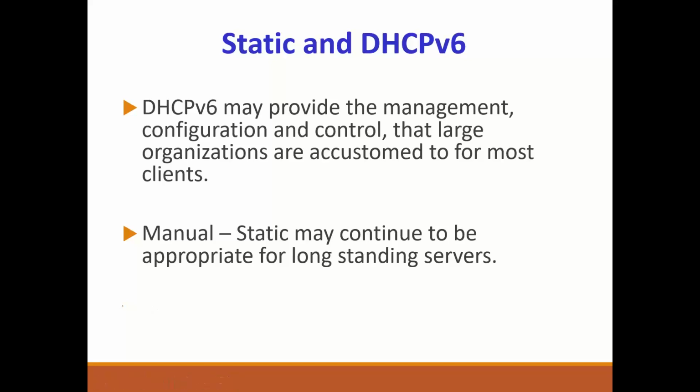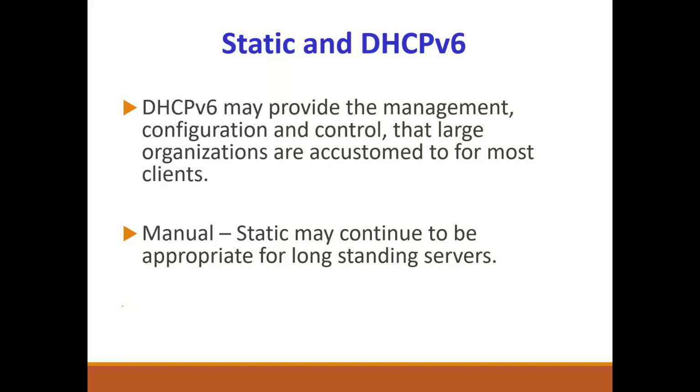I think that a lot of us in large organizations, we love our management and control and configuration. And I think DHCPv6 is going to be big. And we're going to use that for the preponderance of our addresses. I don't know that yet, but I think we do like that control. And so I think that will be big. Again, SLAAC for situations where things are new or we don't have the real control or want it of a certain type of device like an IoT.